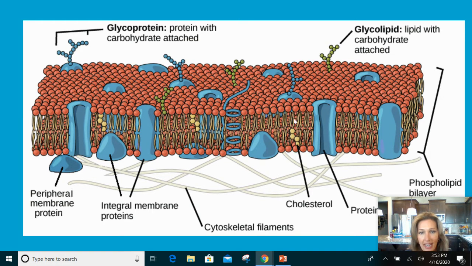Remember that in animal cells, these fatty acid chains are most often saturated fats, whereas in plants, they will often create more unsaturated fatty acids, so that's going to maintain fluidity of the membrane. But animal cells need this cholesterol embedded in there to maintain fluidity, because through fluidity, we can increase permeability of molecules in and out.